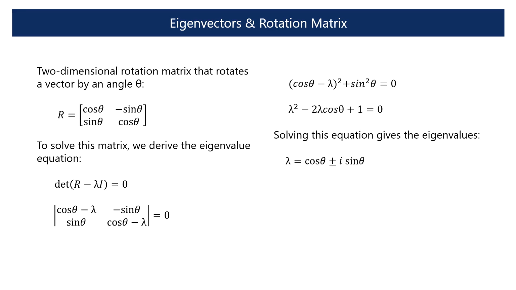Solving this equation gives the eigenvalues. Since the solutions are complex numbers, the eigenvalues are also complex. Therefore, real eigenvectors do not exist. In conclusion, it has been demonstrated that a rotation matrix does not have real eigenvectors.